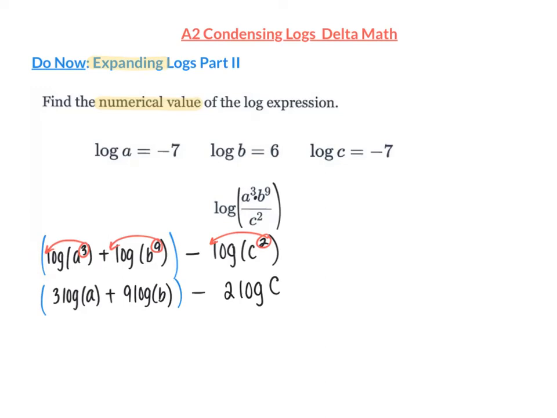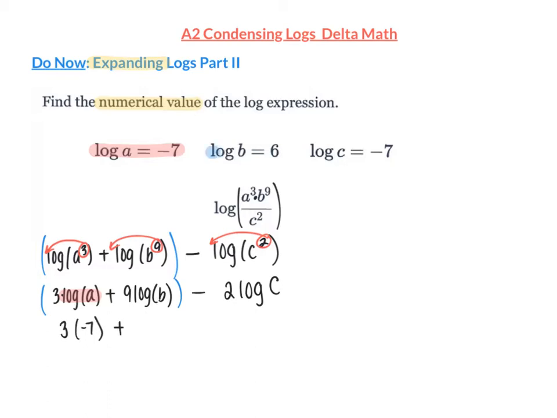And this would be our answer here if they asked us to just expand, but they're asking us to find the numerical value. So if you notice here, they tell you that log of A is -7. So everywhere I see a log of A, I'm going to put -7. So I have 3, and then multiplied by log of A, so 3 times -7, plus, now what do we have here?